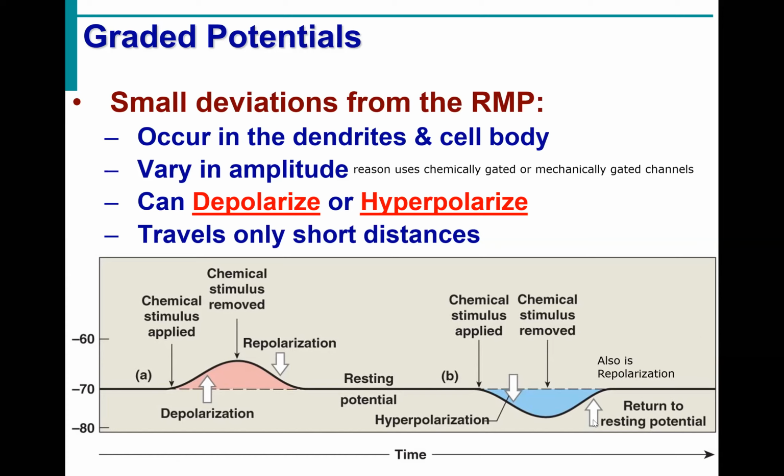They're only going to be able to travel short distances. But the good news is that's all we need. We only need them to reach the axon hillock, because once they reach the axon hillock, they can determine if we fire an action potential.